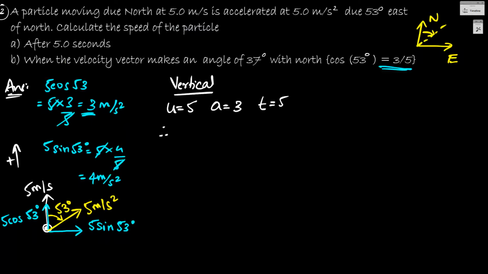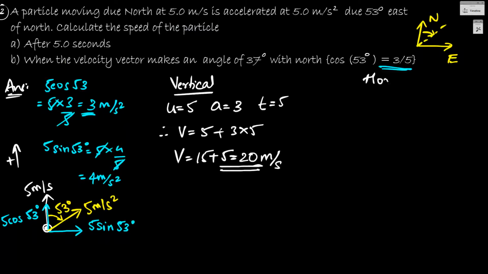Therefore, v equals u plus at, 5 plus 3 times 5. So v is going to be 5 plus 15, that is 20. So we have found the velocity in the vertical after 5 seconds.